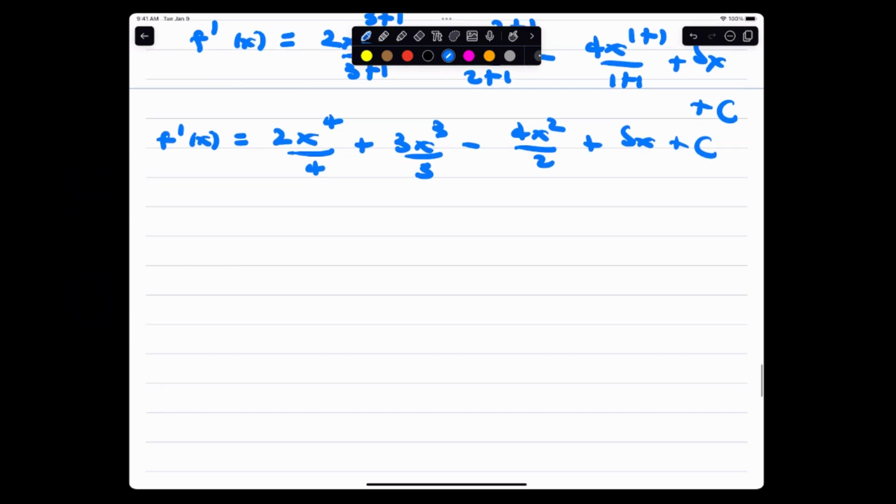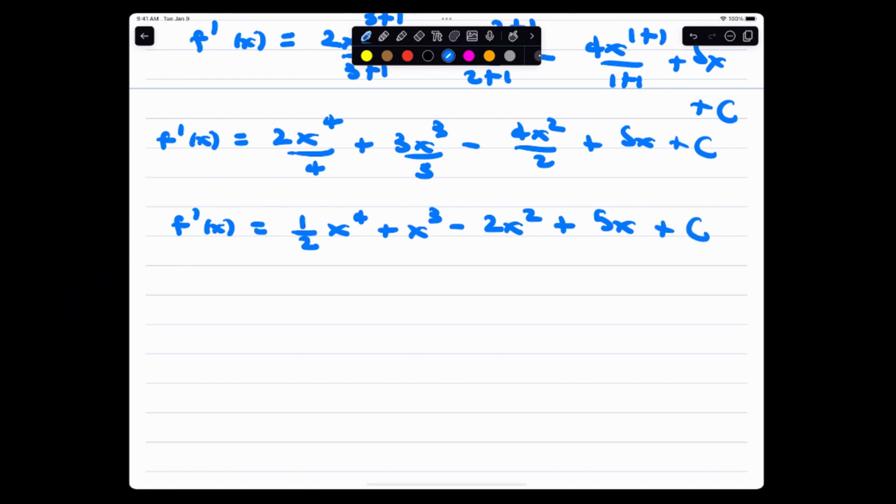Just do your arithmetic now. F prime x is 1/2 x to the fourth plus x cubed minus 2x squared plus 5x plus c. All right, you guys okay with that?